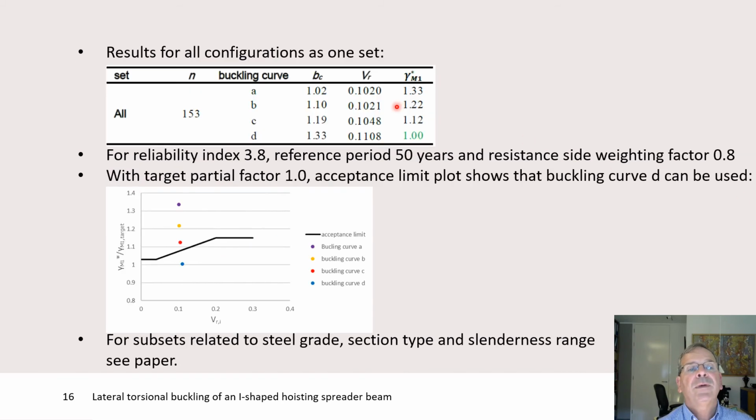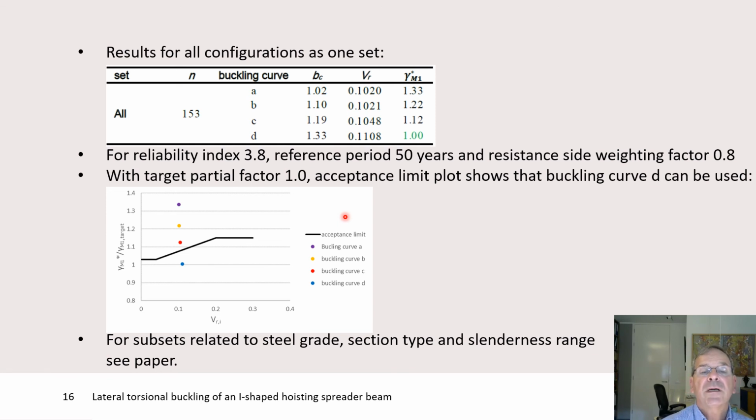Well, when we do that and we look at the results for all configurations together as one set, and we look at buckling curve A, then we need, in fact, a gamma value of 1.33. Of course, if we change the buckling curve, this required gamma value also changes. This is for a reliability index 3.8, reference period 50 years, and a weighting factor of 0.8.